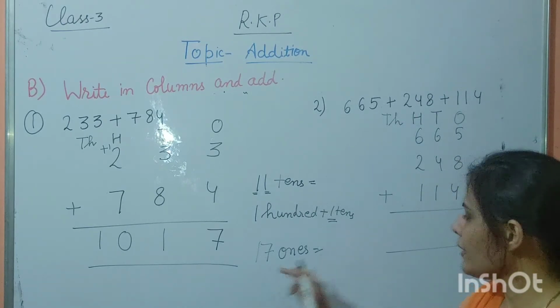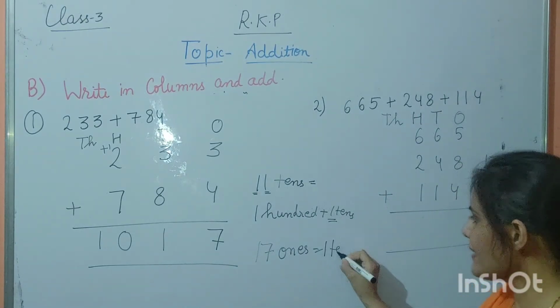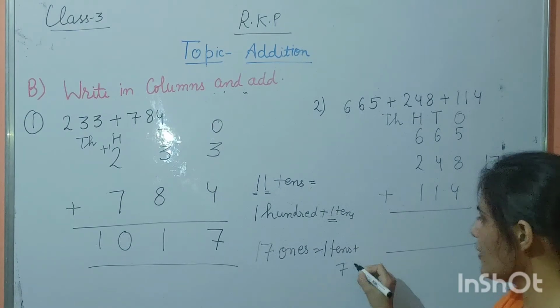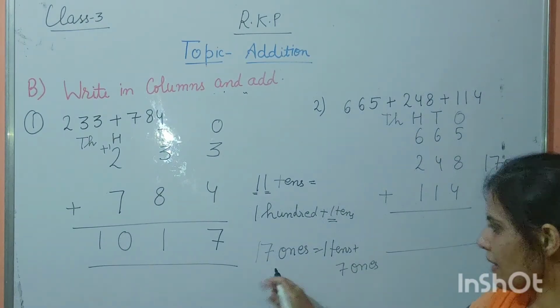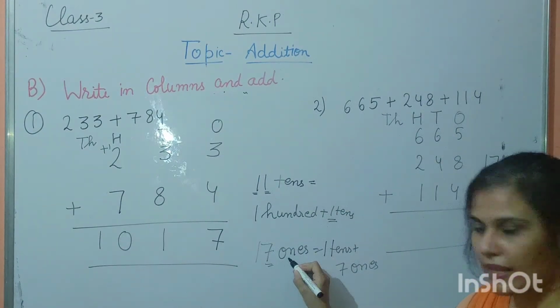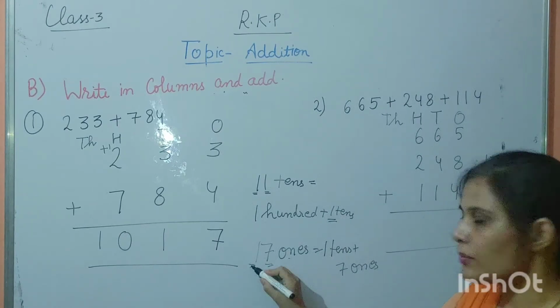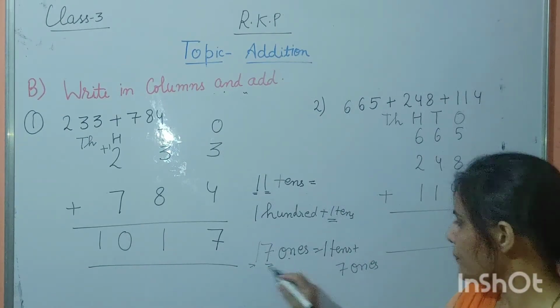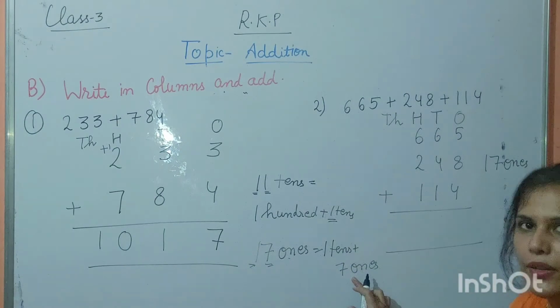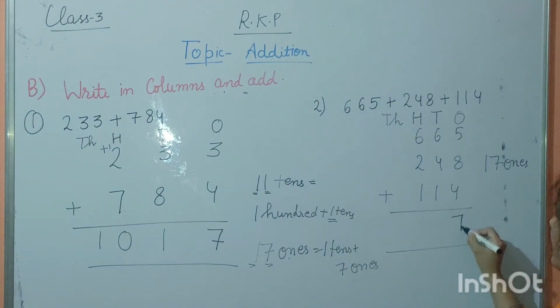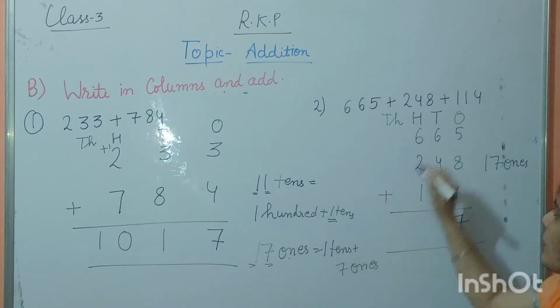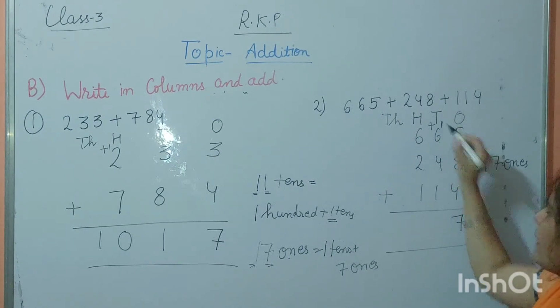When you regroup it, what will you get? 1 ten plus 7 ones. How? The first digit will be your tens and the second digit will be the ones place. 7 will come at this place and this 1 will become the carry over in the tens place.